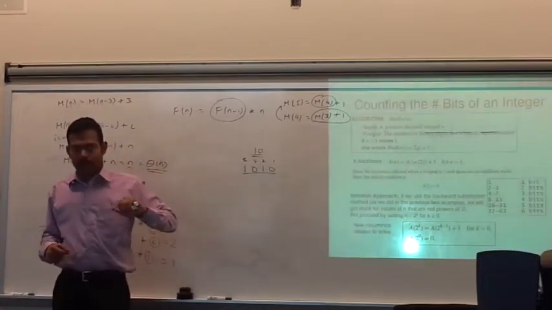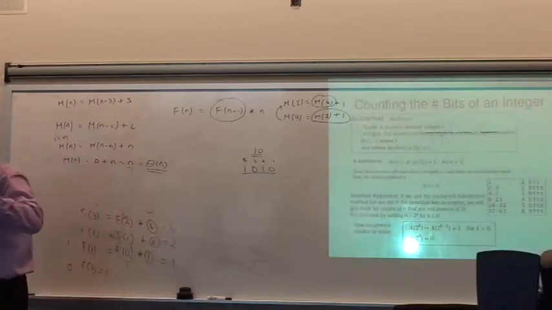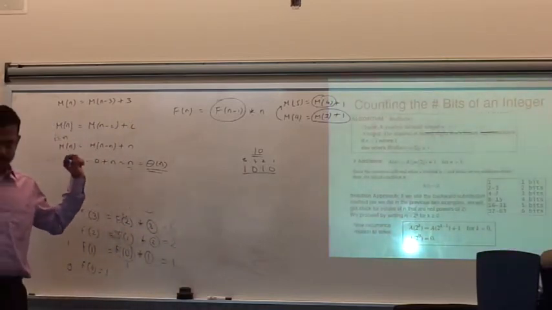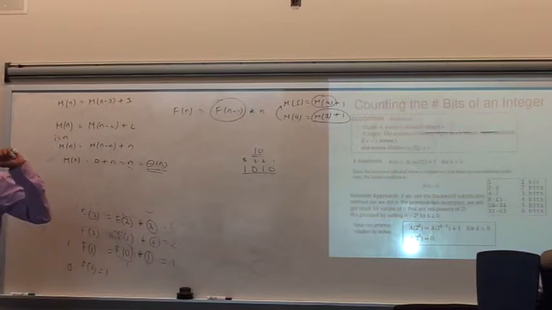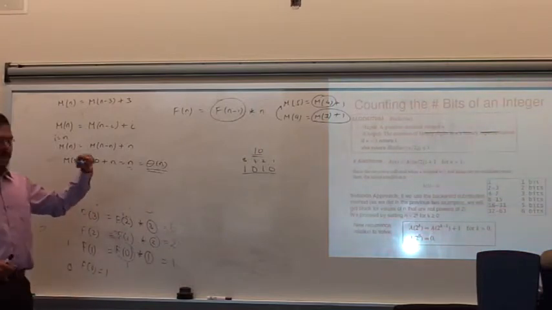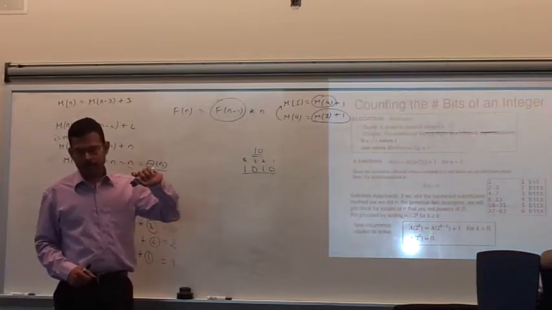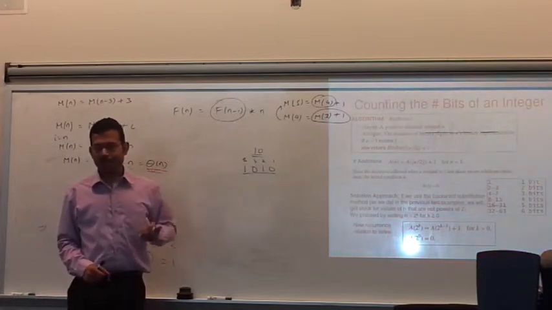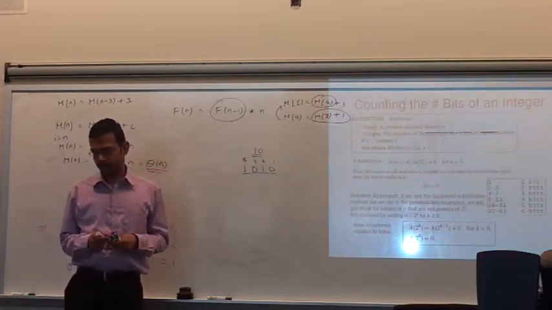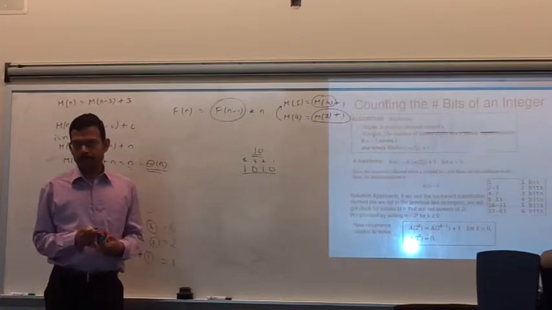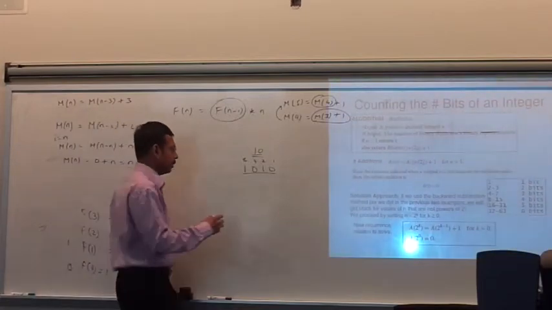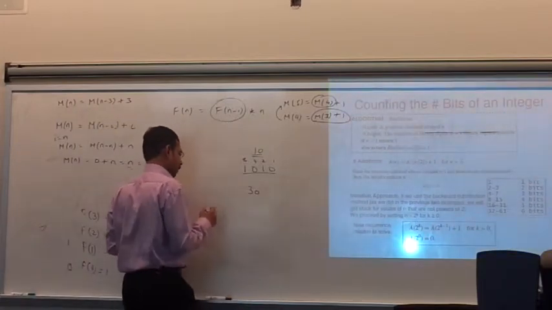So in general, if there is an integer n, how many bits are there in its binary representation? You see what problem we are trying to solve? Given an integer n, you want to find how many bits are there in its binary representation. Clear? If you have something like 30, how many bits are there?